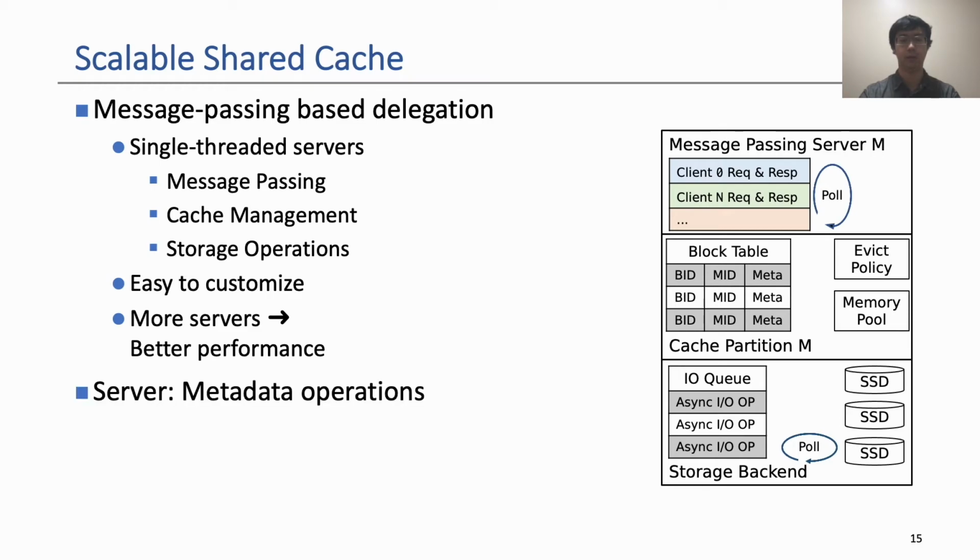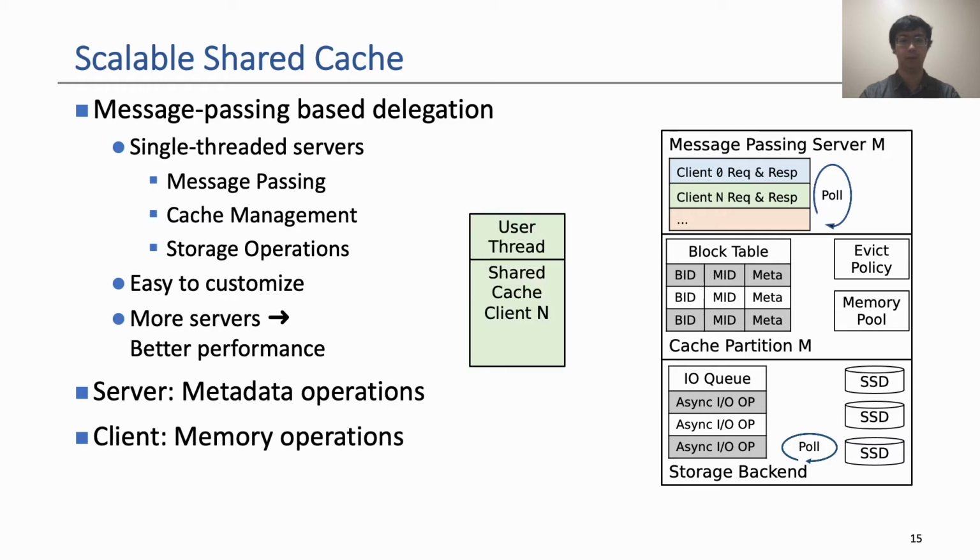In TriCache, servers only process metadata operations, while clients execute data operations by themselves. This keeps cache consistency and avoids redundant memory copies. When a user thread wants to access a memory location, it first computes the partition ID. The client then tries finding the blocks in the server's block table and updating the reference count directly, which is the cache hit fast path.